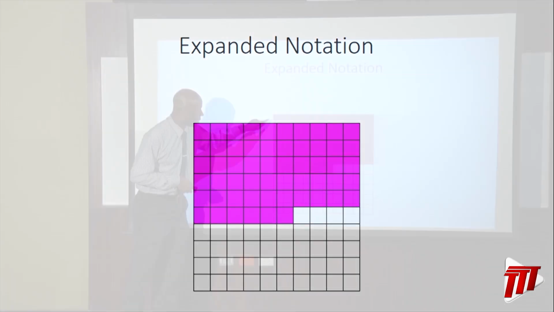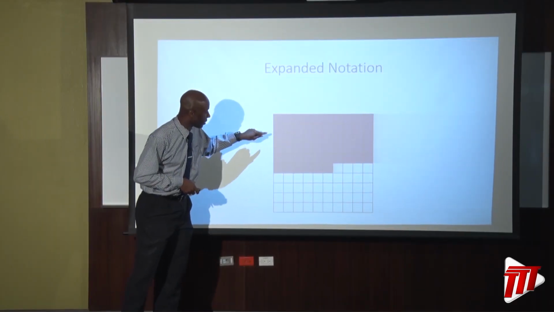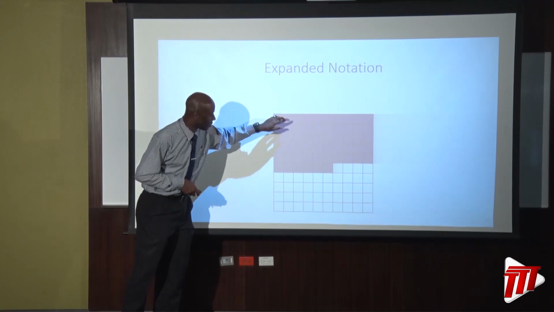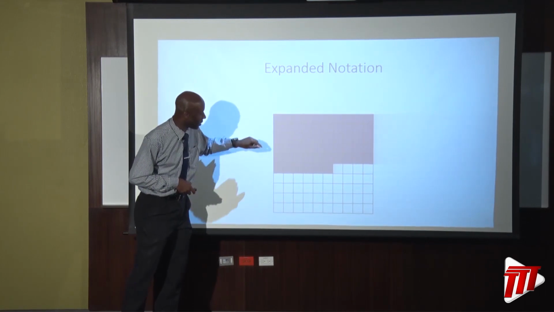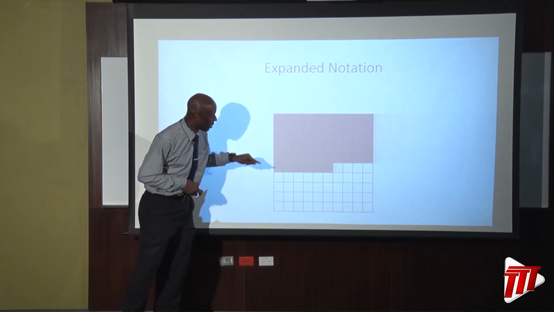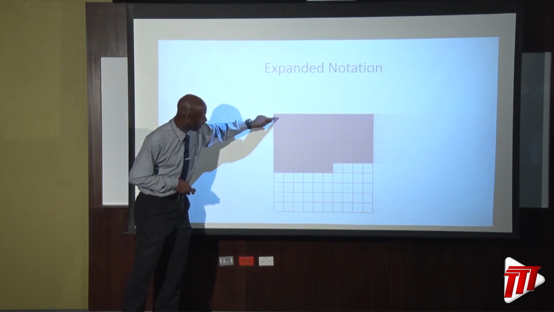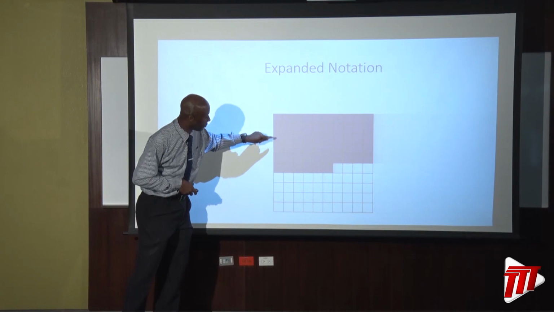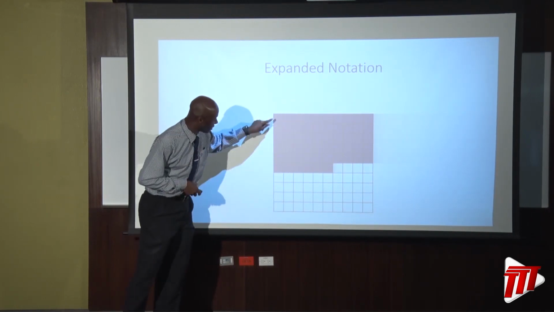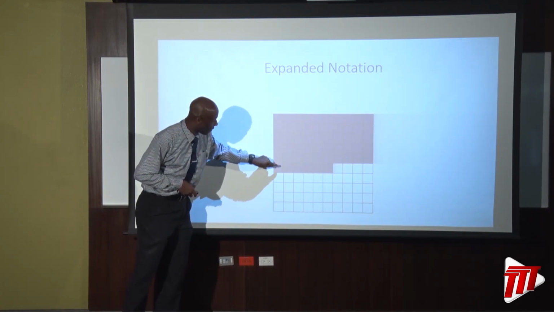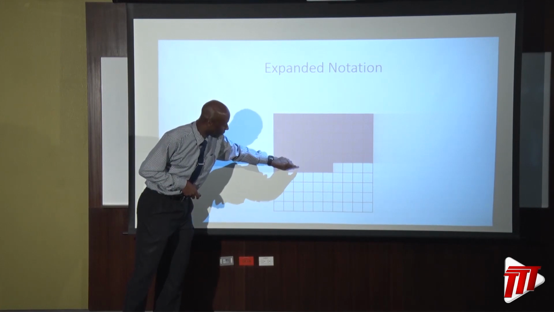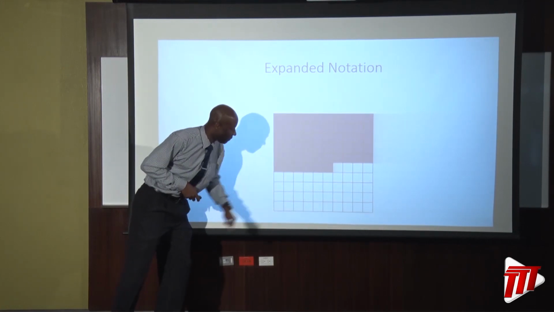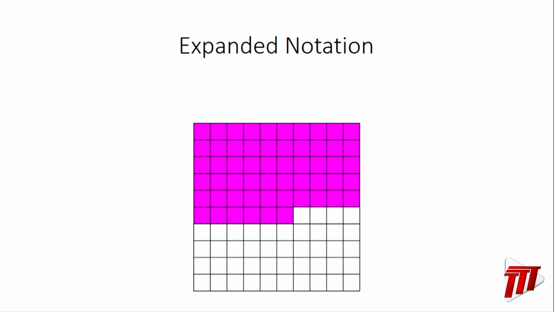So 10 hundredths, 10 hundredths, so that's together 20 hundredths. Another 10 hundredths, so that's 30 hundredths. Another 10 hundredths, 40 hundredths. Another 10 hundredths, 50 hundredths. 51, 52, 53, 54, 55, 56 hundredths.